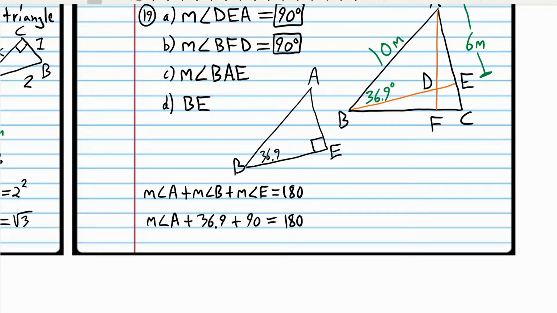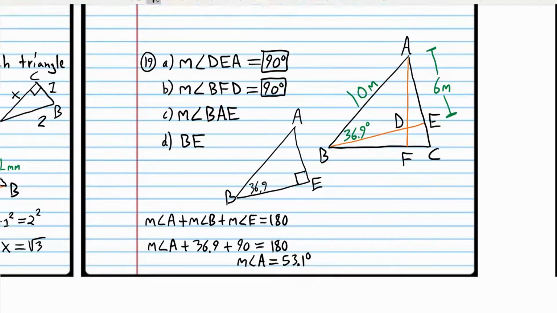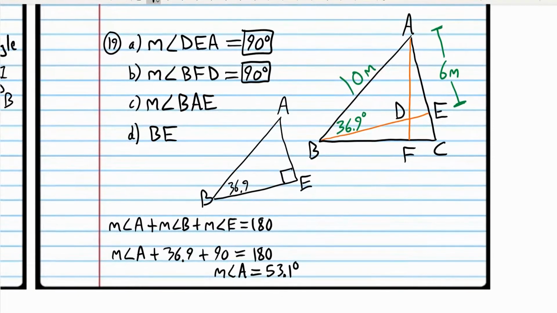And do all the math on that. 90 minus 36.9, you can use calculators for this, is 53.1. So the measure of angle A is 53.1 degrees. So that is BAE, 53.1 degrees. So if you got that answer, good job.